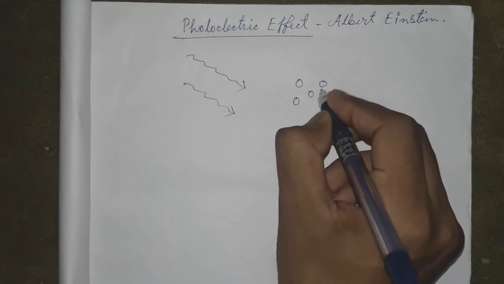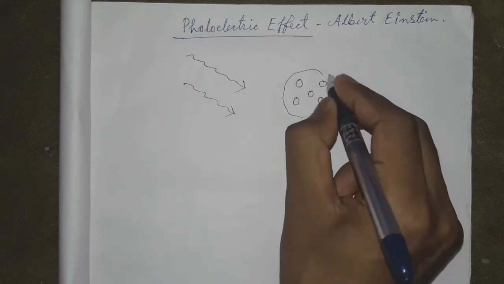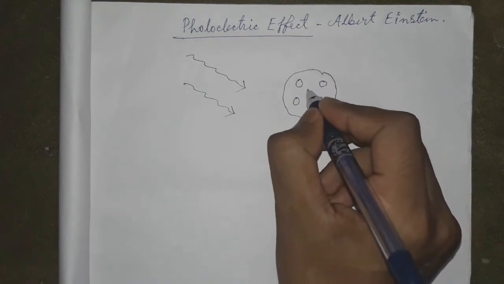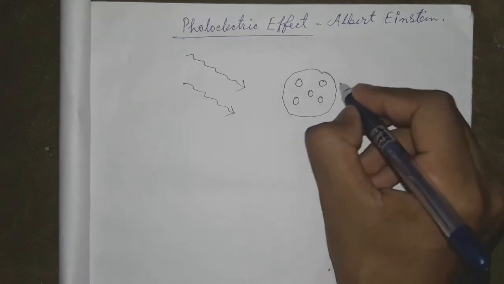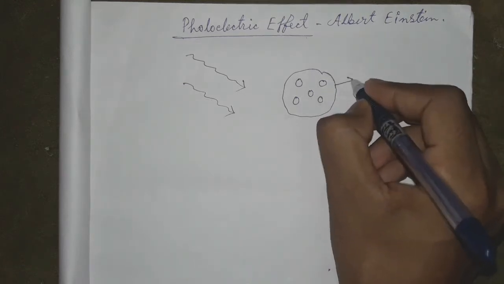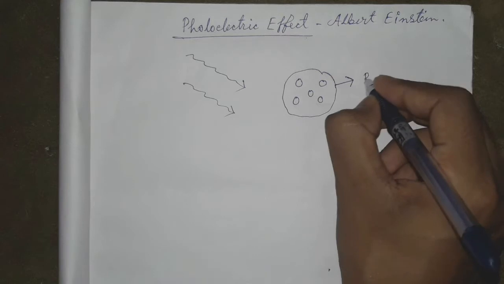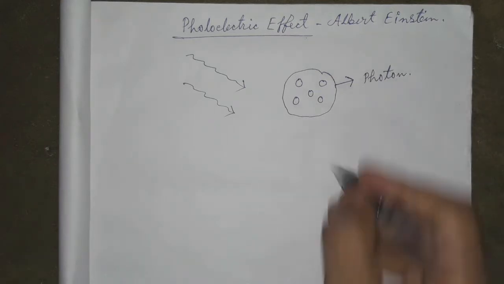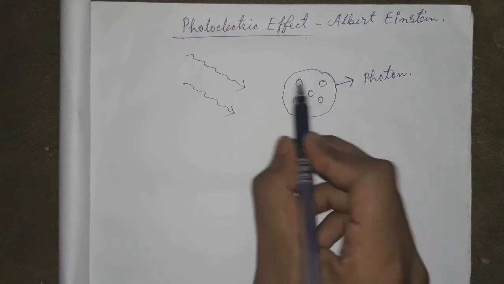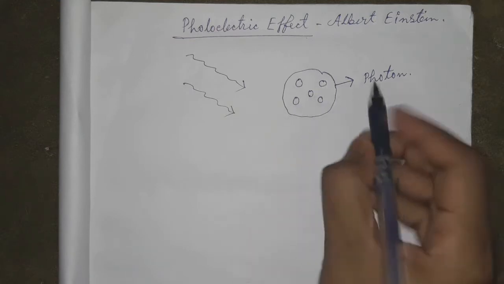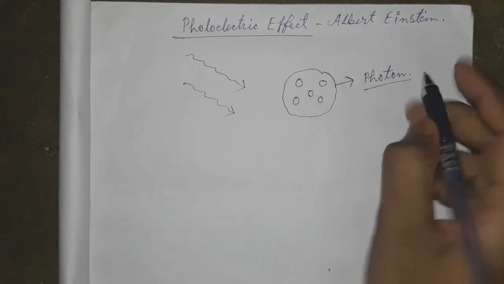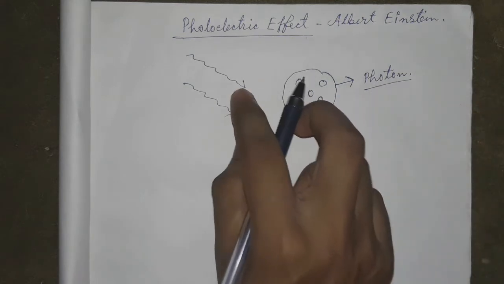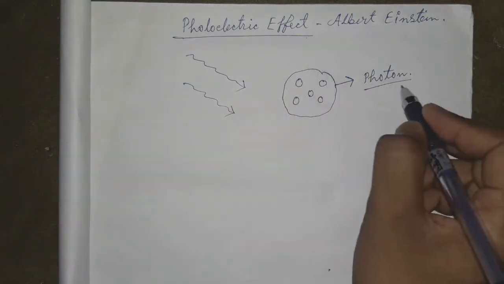Suppose these are some packets of energy, and these smallest packets of energy are called photons, and light is composed of photons.